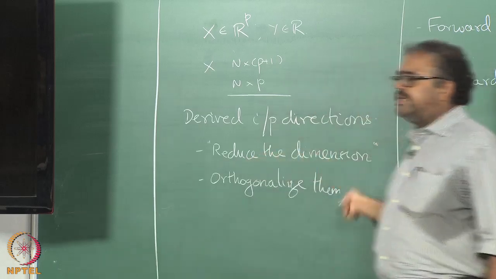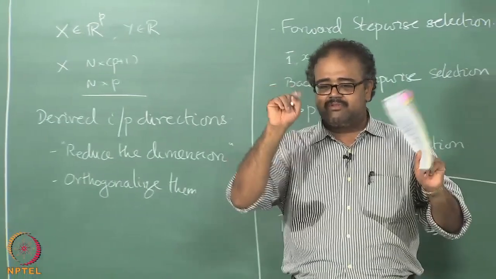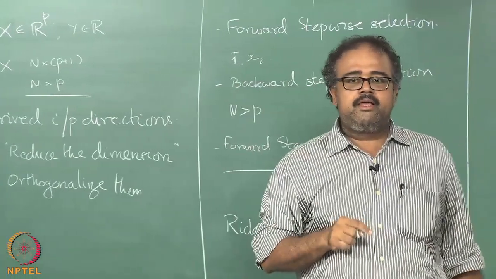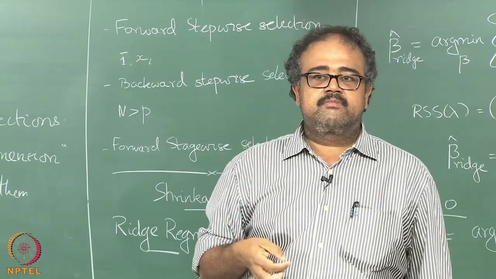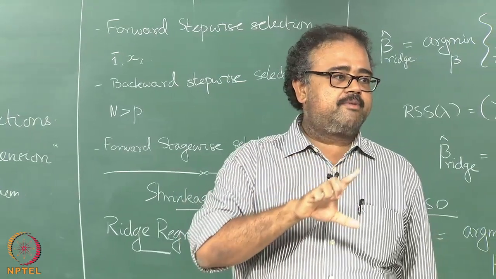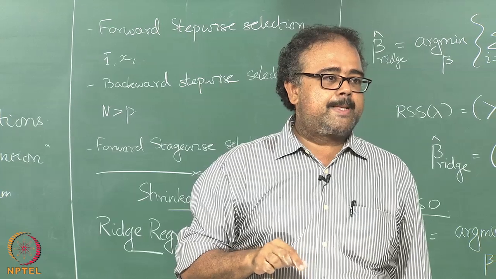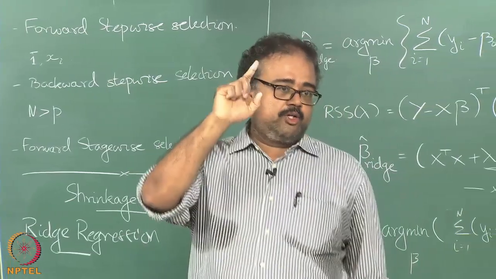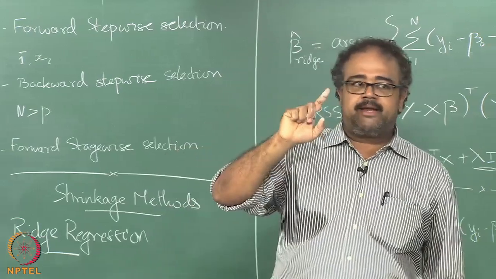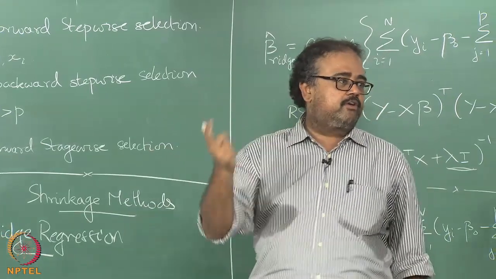So we will reduce the dimensions, as I put it in quotes, I will explain why, and then we will also orthogonalize the dimensions. What is the advantage of orthogonalizing the dimensions? We could do univariate regression on each dimension separately, and that will give us the coefficients.